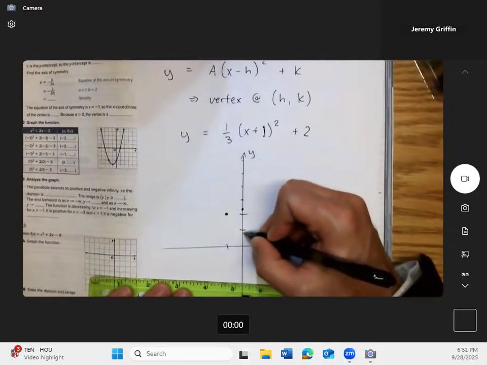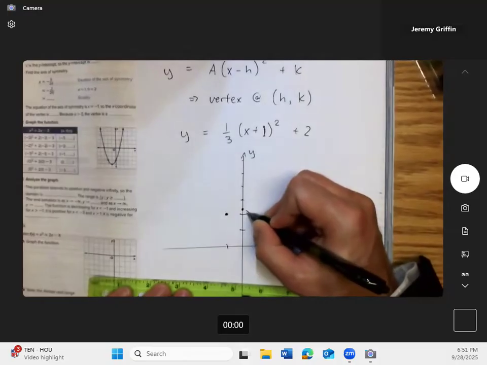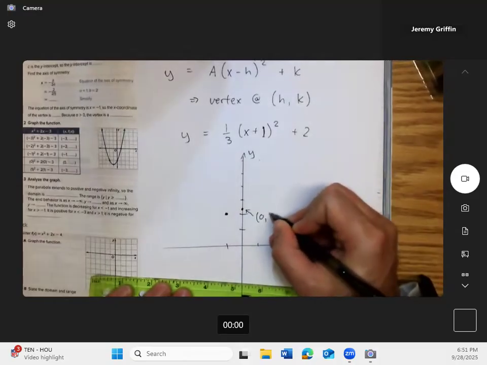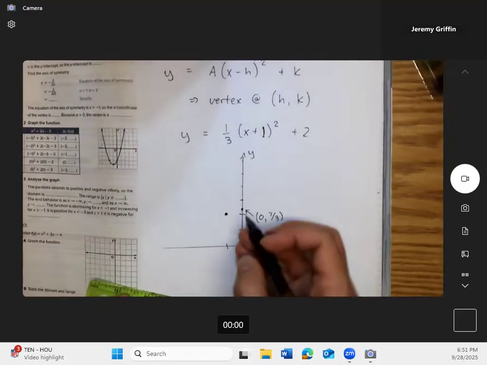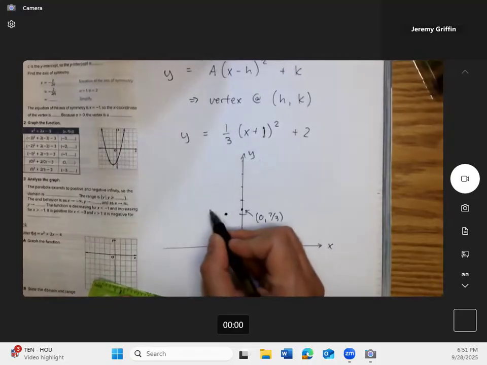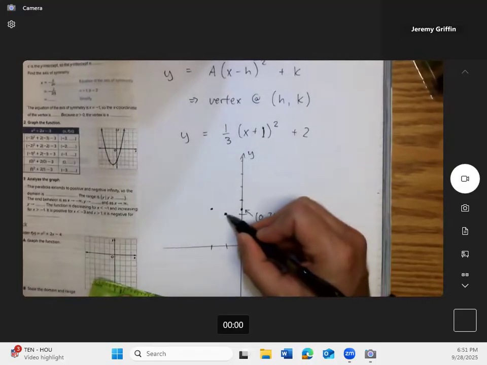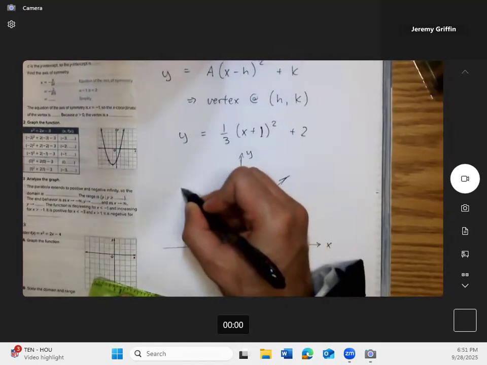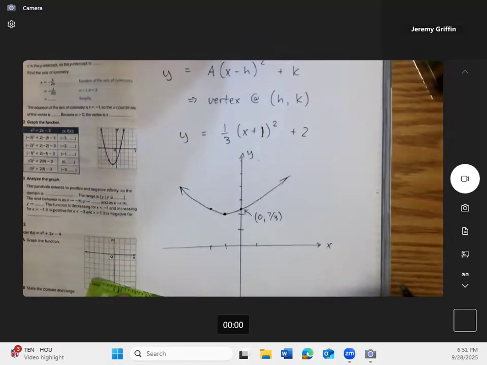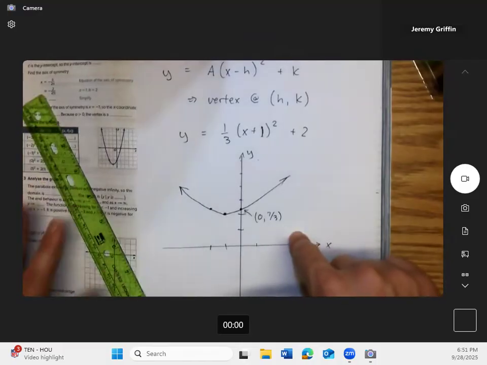This would be at 1, 2, 3, 4, 5, 6, 7/3. So I think (0, 7/3) should be the y-intercept on the graph. If I go to the left one, something like that there. It's going to make a wide, shallow looking parabola, roughly like this. Real wide and shallow. Let me double check, make sure this does work.